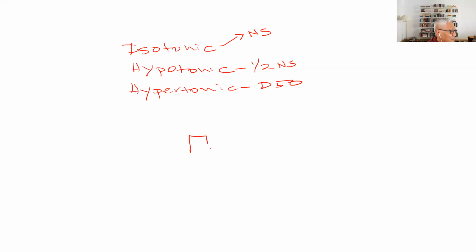All right, if we have 2 compartments over here, and this compartment has 2 particles, and this compartment has 2 particles, the movement of water is going to be equal. It will go in, go out, and go out that way. So when you're giving normal saline, for example, you're maintaining an equal exchange of fluid and electrolytes between cells.